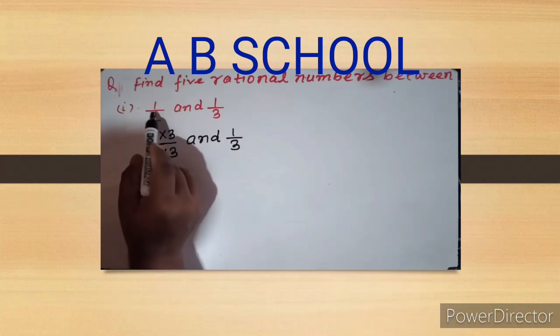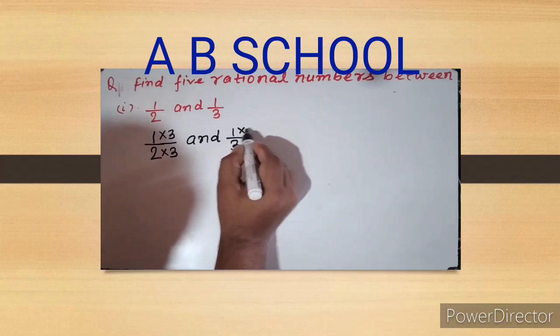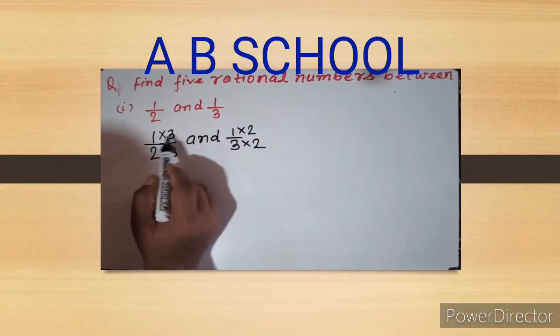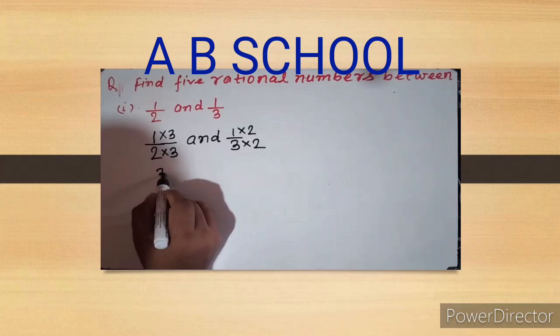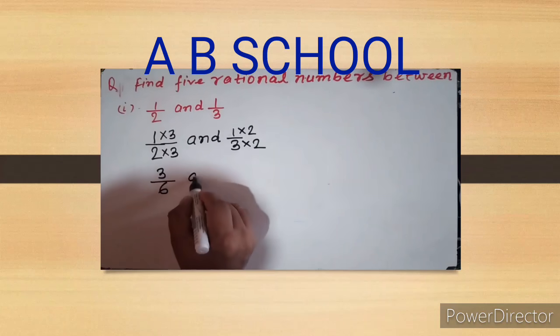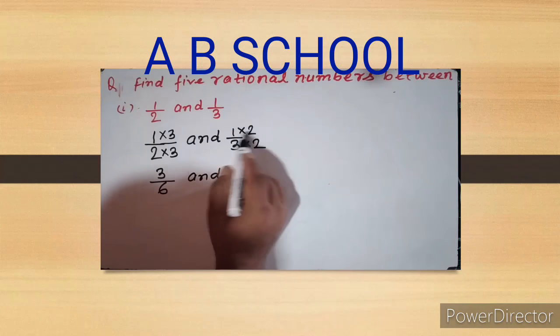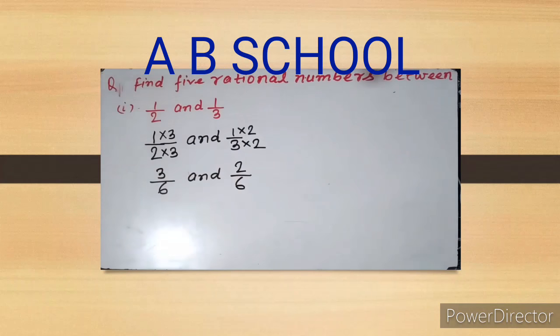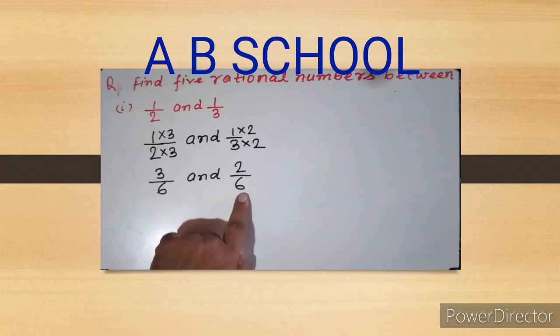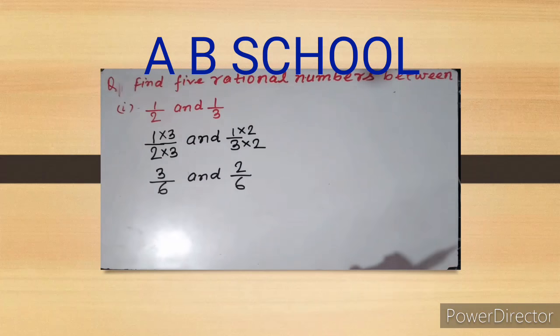You will take the denominator of this which is 2 and you will multiply its numerator and denominator. Children, when you multiply 1 times 3, then what you will get? 3 upon 2 3s are 6, and 1 2s are 2 and 3 2s are 6. By the way, we have equalized the denominator. You can see over here 6 and here also 6 we have got.